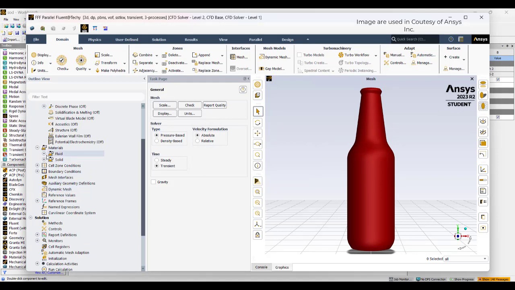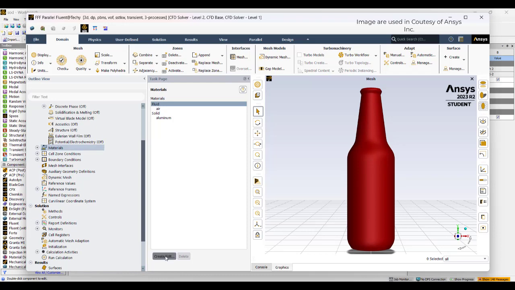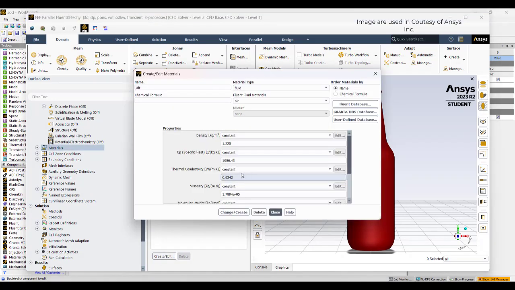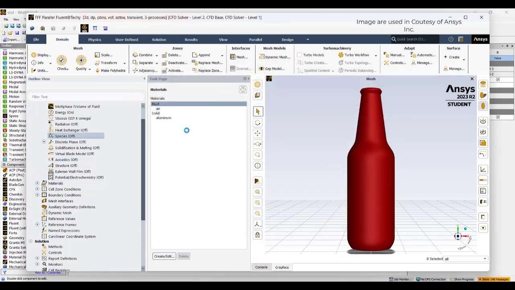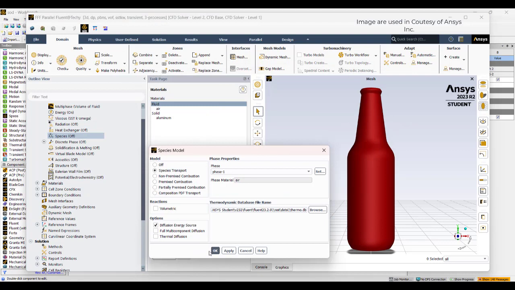Next, go to materials. Before that, turn on the species transport, apply.